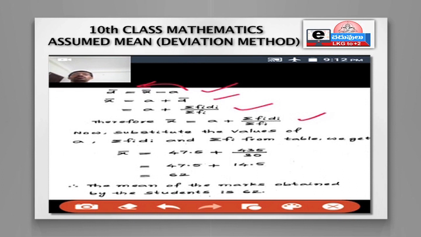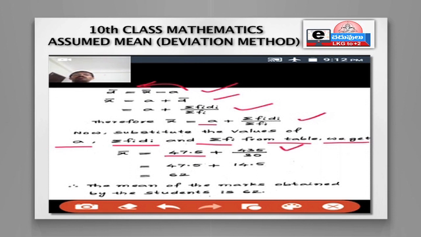Now substitute the values of a, sigma fi into di and sigma fi from the table. What is a value? 47.5. So in place of a you write 47.5. What is the value of sigma fi di? We get in the table 435.